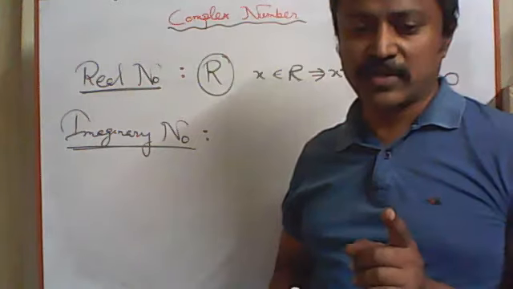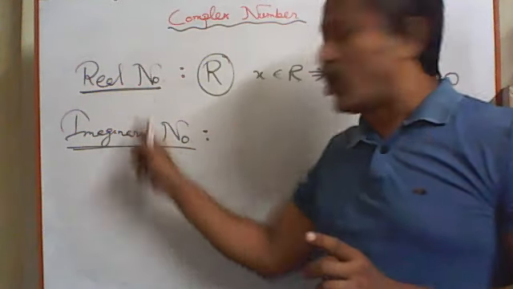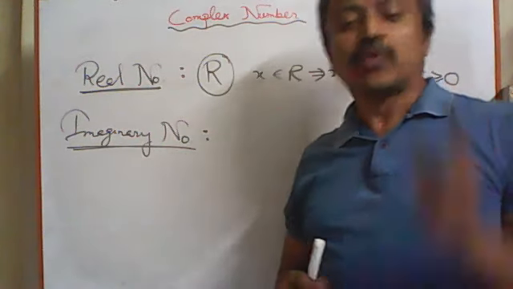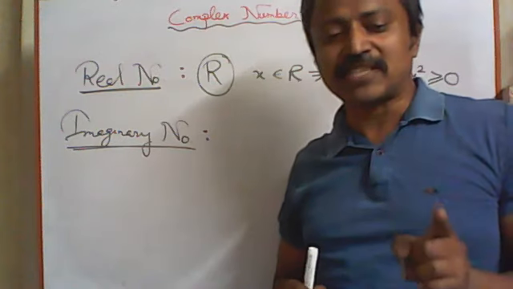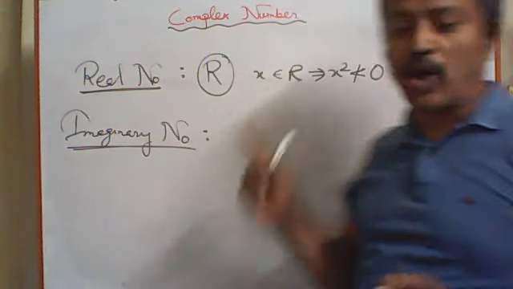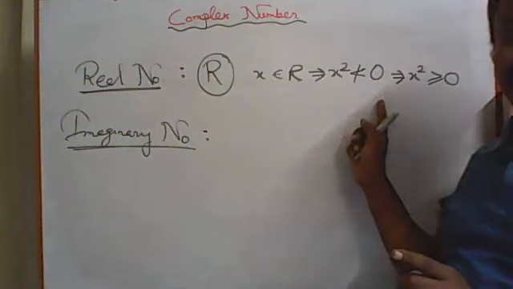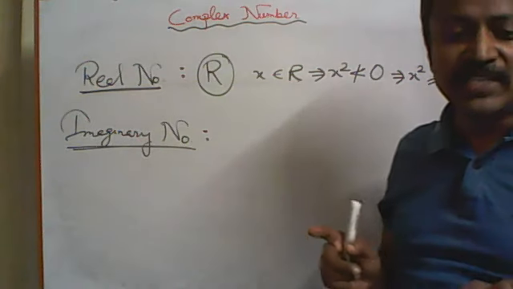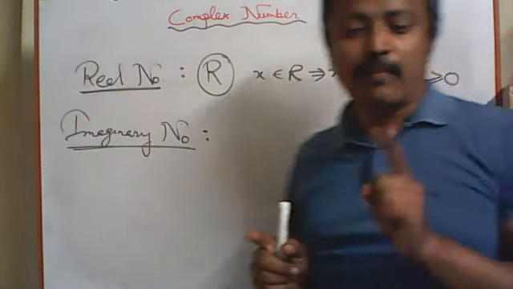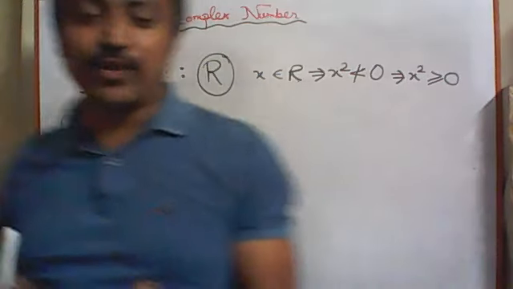Yes, of course. Since imaginary is the opposite of real, its definition must satisfy the opposite characteristic. That means for an imaginary number, the square must be less than 0.